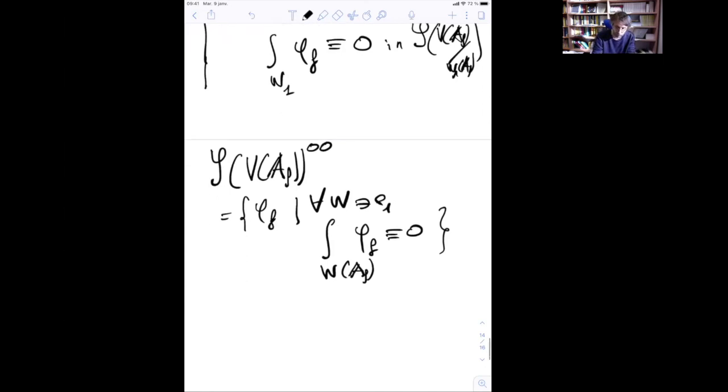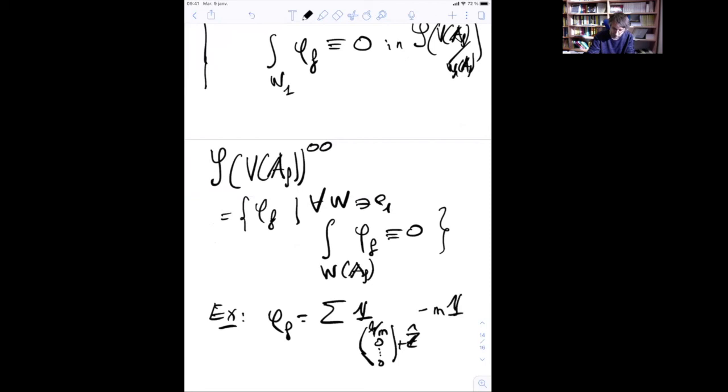And the typical example of such a Schwarz function is this one. You take the characteristic function of the point of the m-torsion point in the first coordinate, 0 on the others, plus the standard lattice, minus m. So you see, if you take all the k here, if you average on the line generated by the first coordinate, then what you get is m minus m equals 0.